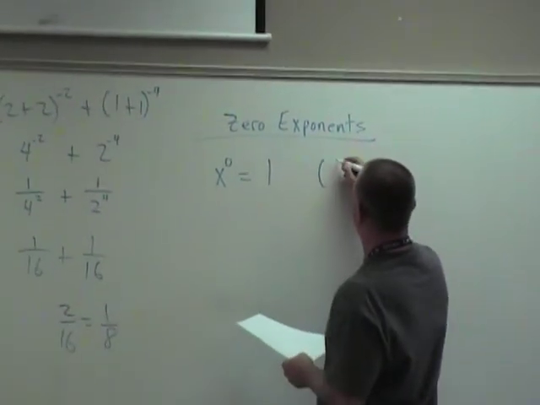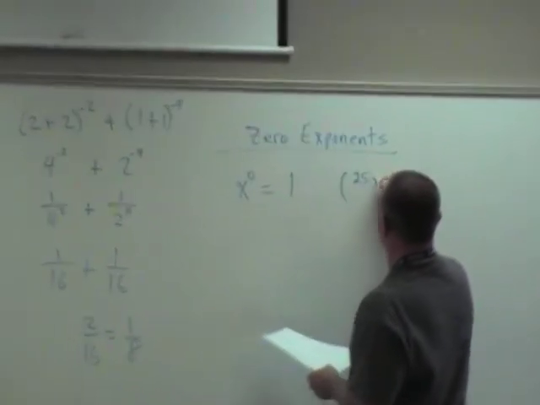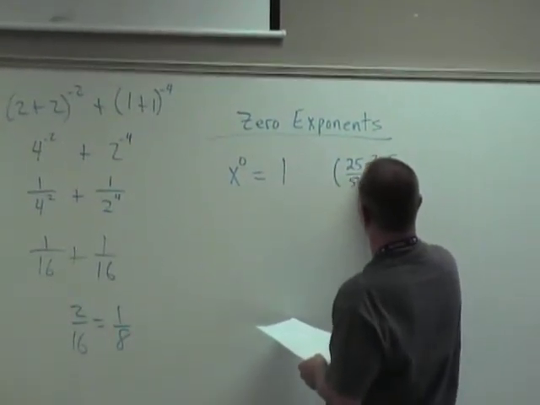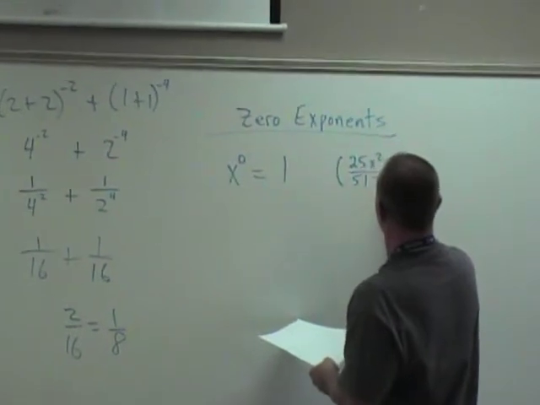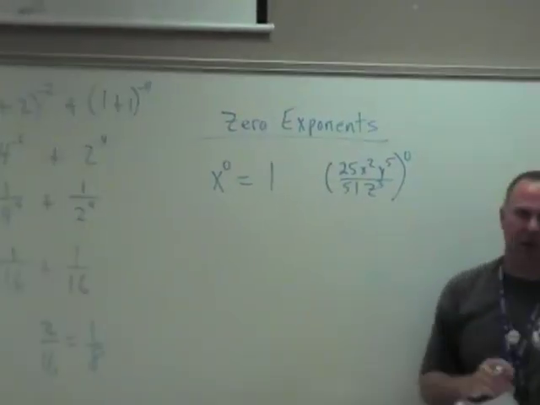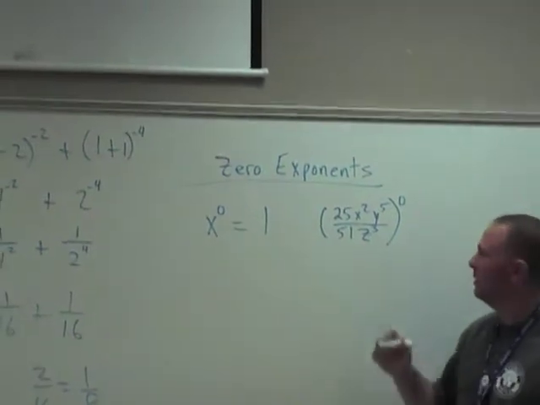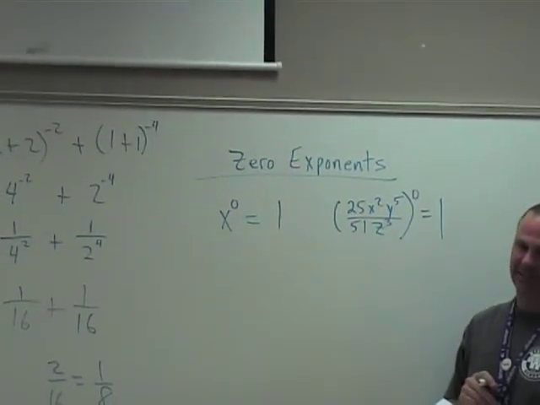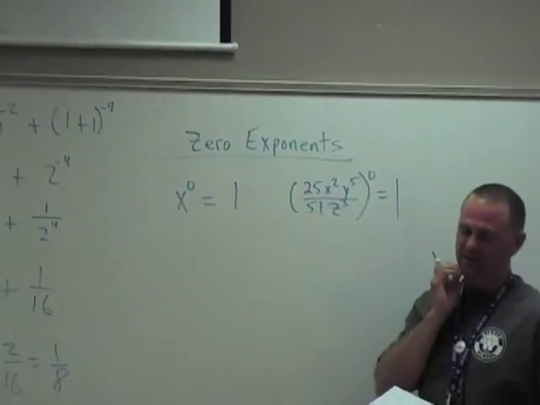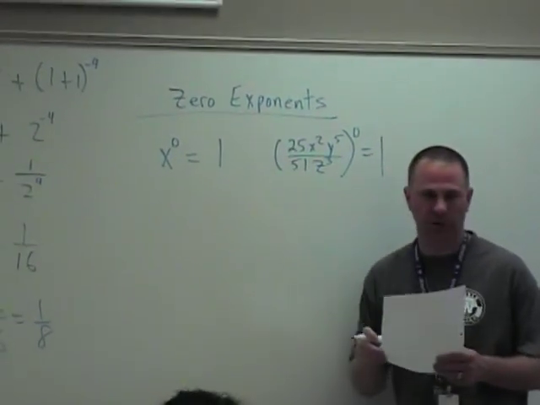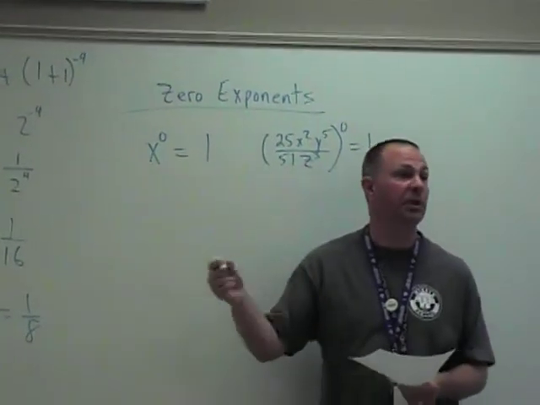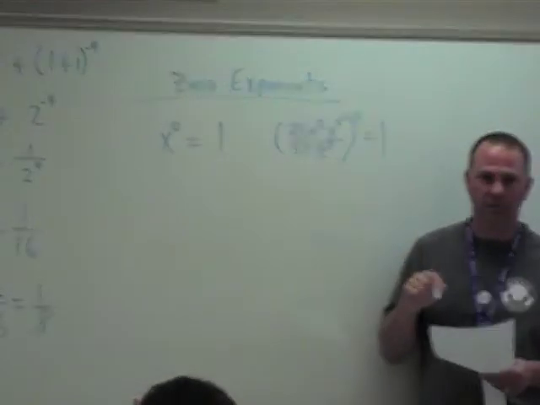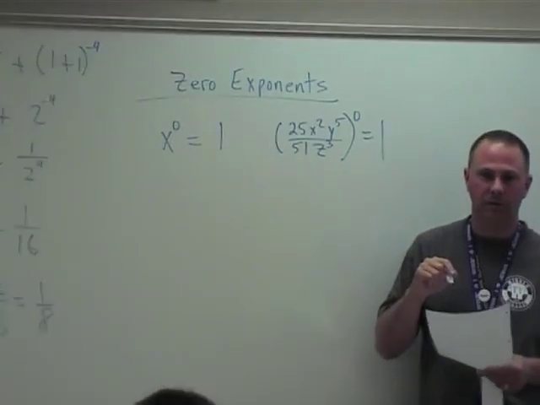If I have 25x squared y to the 5th over 51 z to the 3rd, raised to the 0 power, it's 1. Anything to the 0 power is 1. And as we progress through this chapter, I'll explain why it is 1. Okay? Right now, you know that it's 1. Now, one exception.